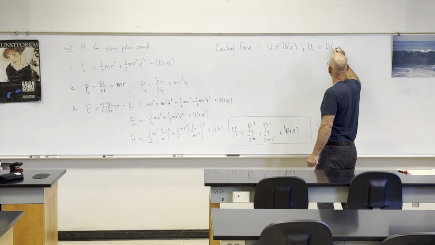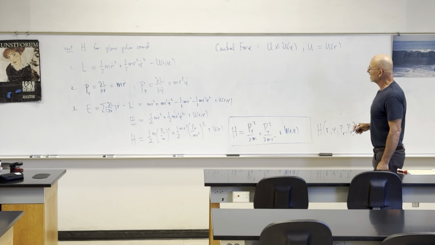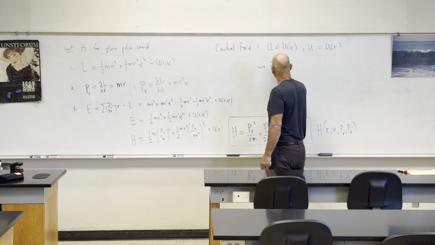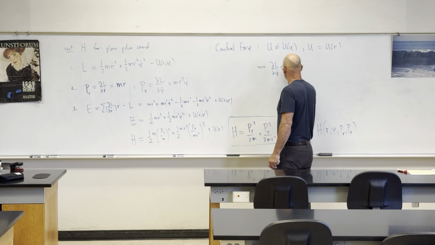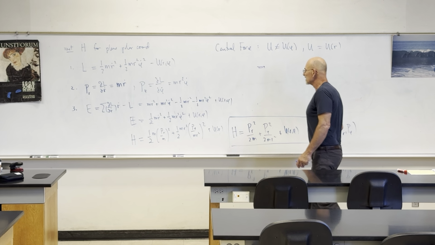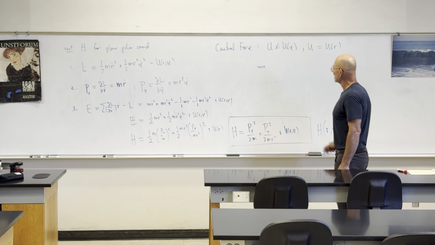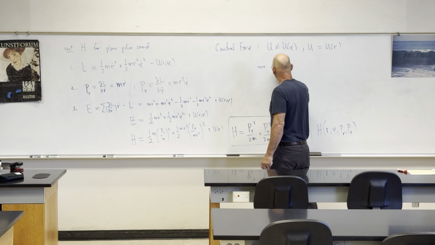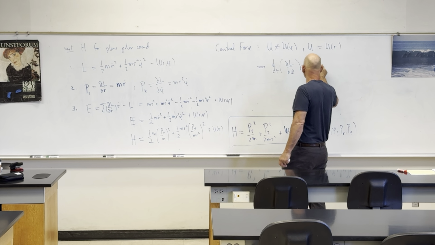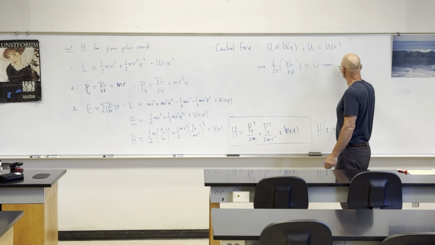U is just U of r. And what does that mean in the Lagrangian? That means that dL by d phi dot, not so fast. It means that d over dt of dL by d phi dot is equal to 0, and that was a conservation of angular momentum. Okay.